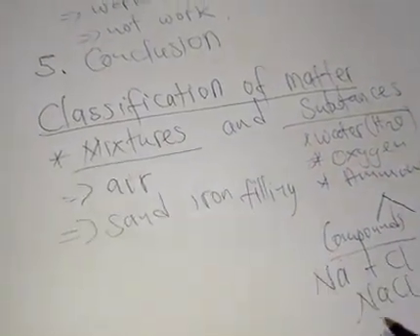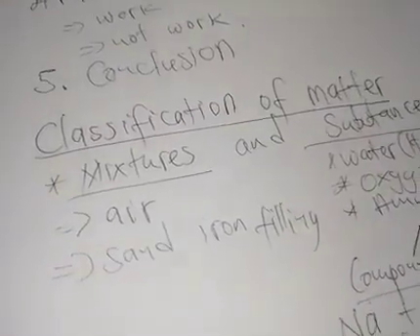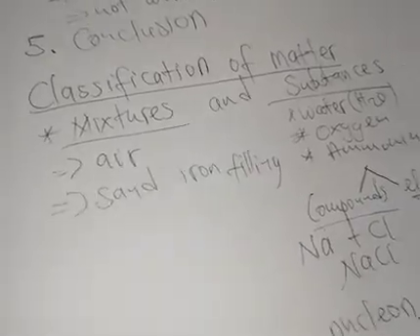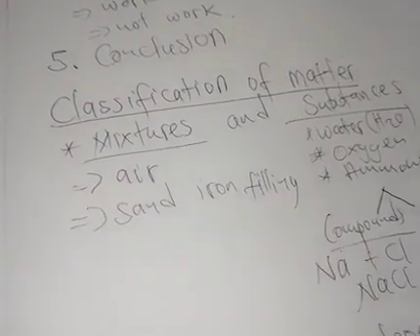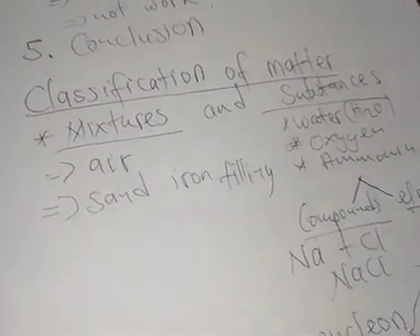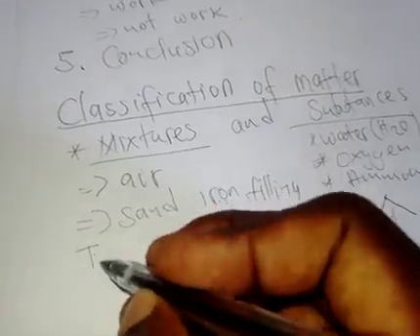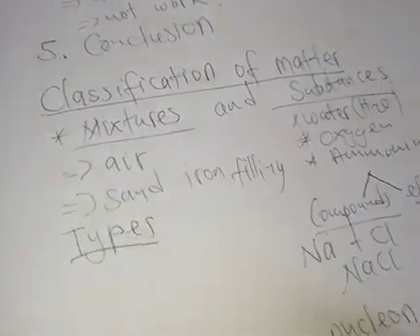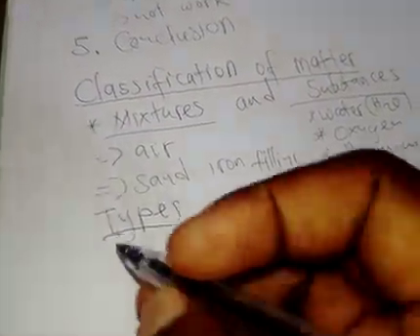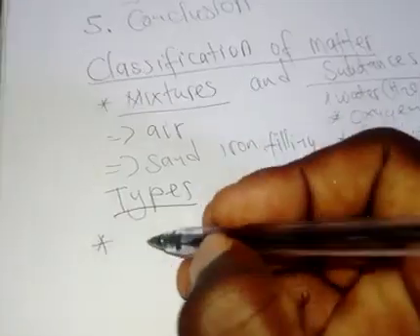Sand particles and iron filings will still retain their identities. So such are called mixtures. Then these mixtures have types. For the types of mixtures, we have homogeneous and heterogeneous mixtures.